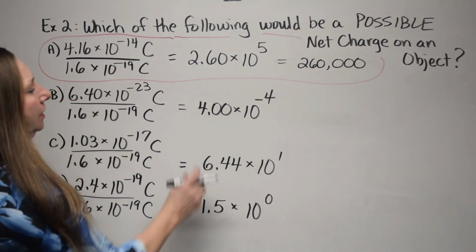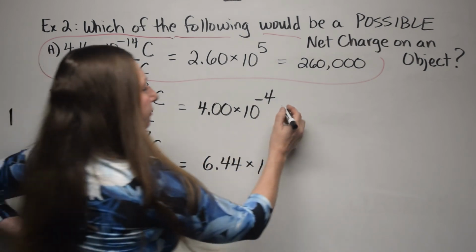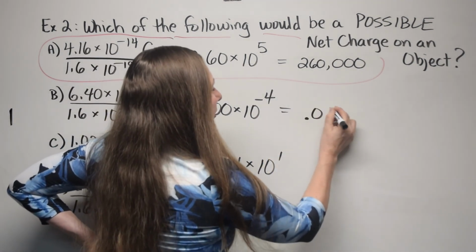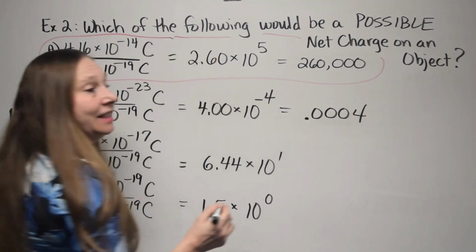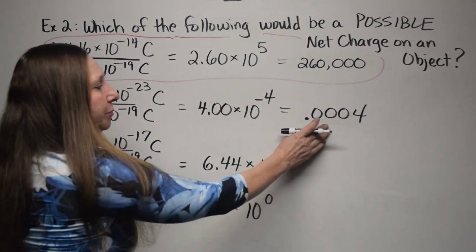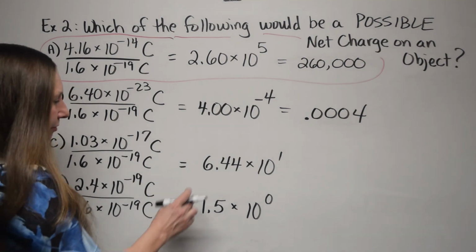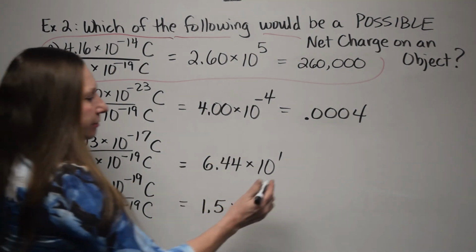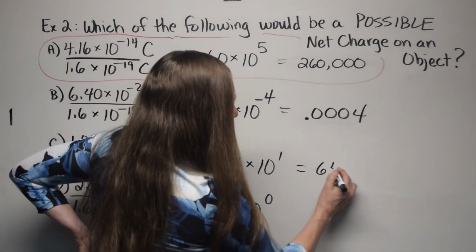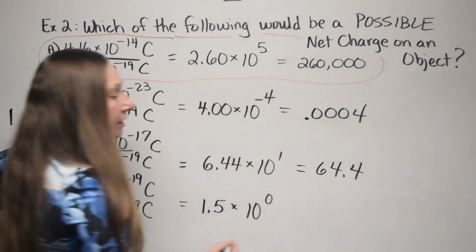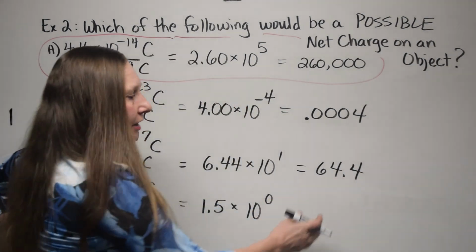Let's see. 4 times 10 to the negative 4 is really 0.0004. That is not possible. That would be a fraction of an electron or a proton. Definitely not possible. 6.44 times 10 to the first would be 64.4. Again, not possible.